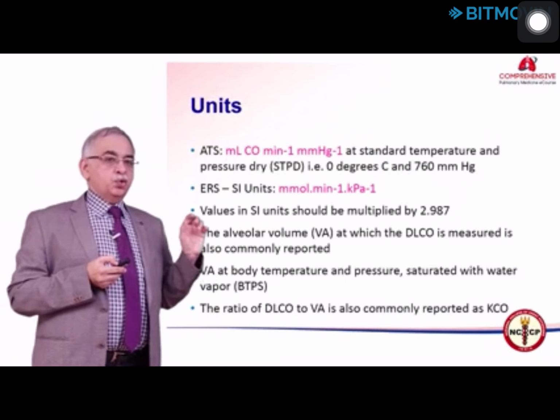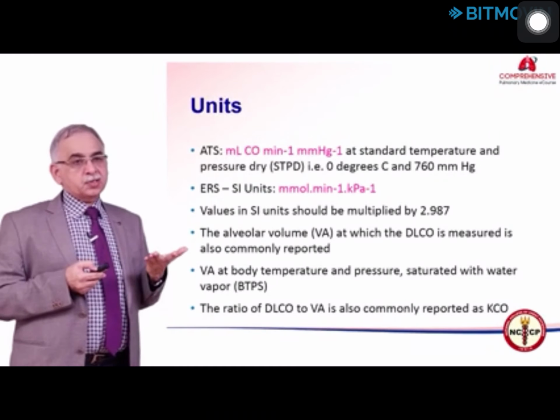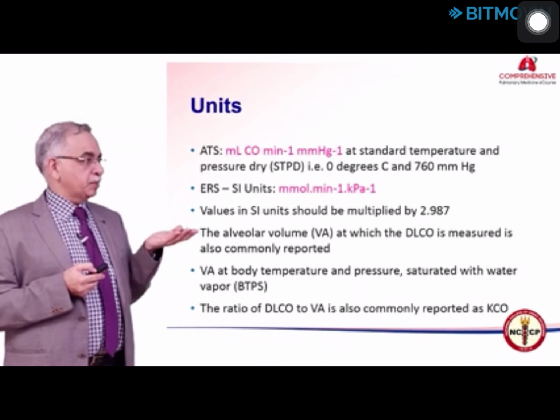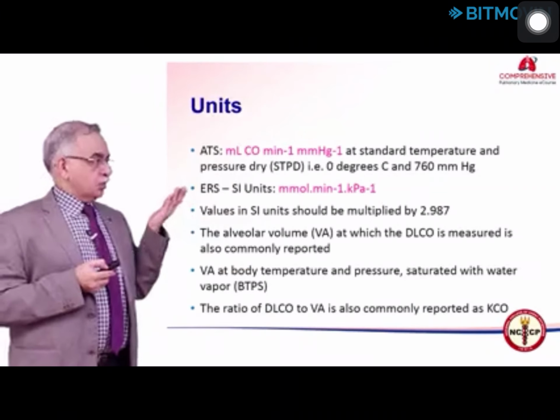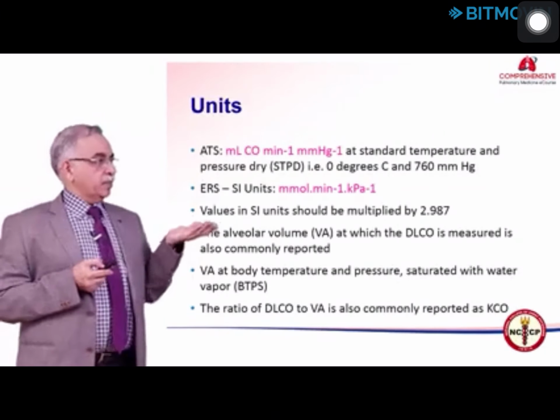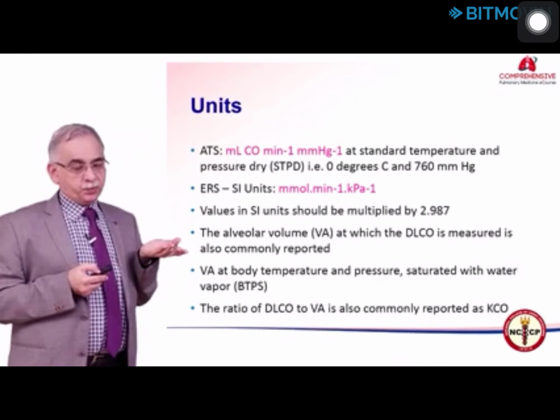In European countries, the SI units are used. So, you may come across reports which give diffusing capacity as millimoles per minute per kilopascal. So, instead of ml, millimoles is used for carbon monoxide quantity, and for pressure, instead of millimeters of mercury, kilopascals is used.